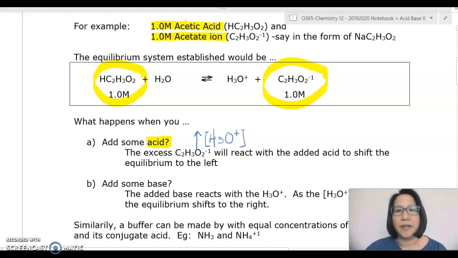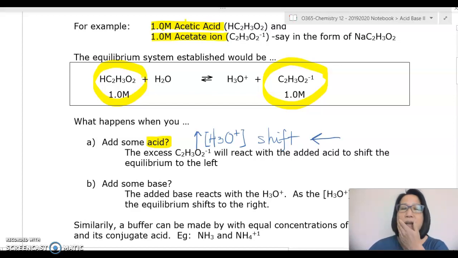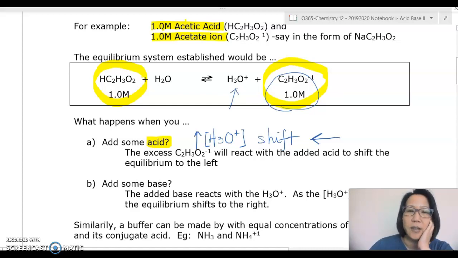And so if that hydronium concentration goes up, let's think about the shift. The system is going to shift to the left. Oh yeah, right. And how we're able to shift to the left sufficiently is the fact that we have enough of the acetate ion to react with any additional hydronium such that we can have the system shift to the left.